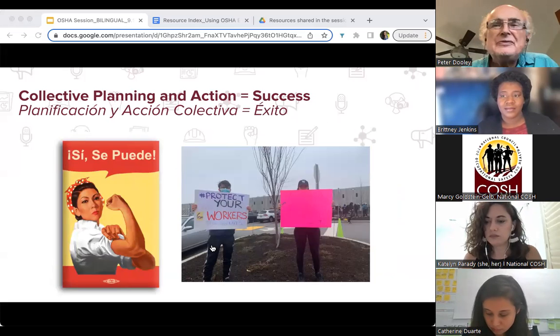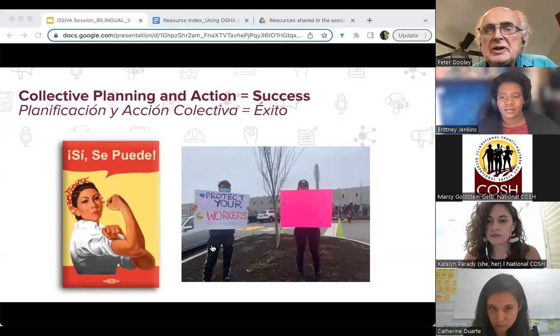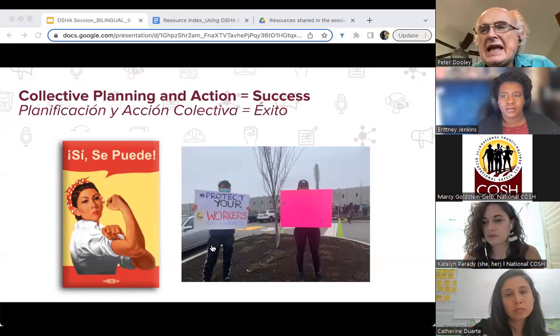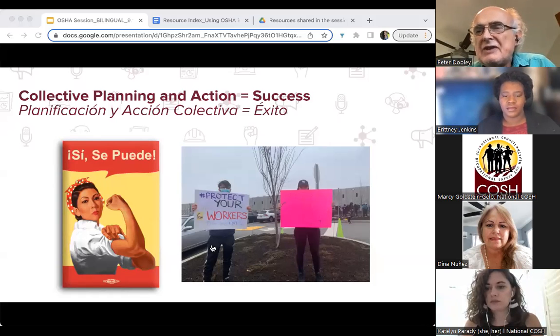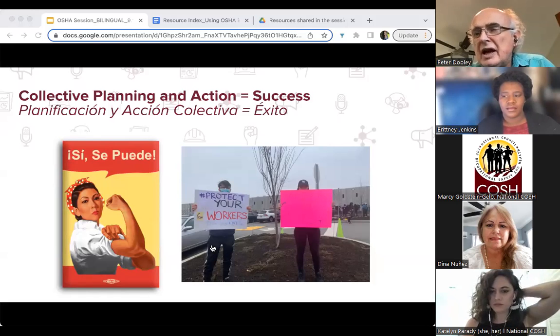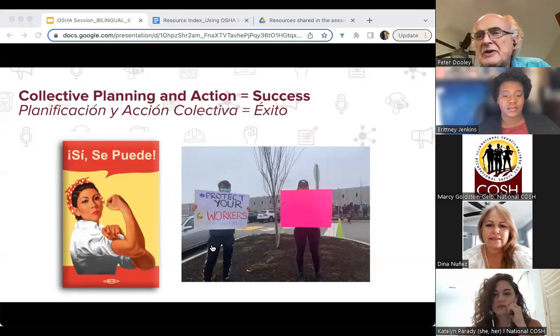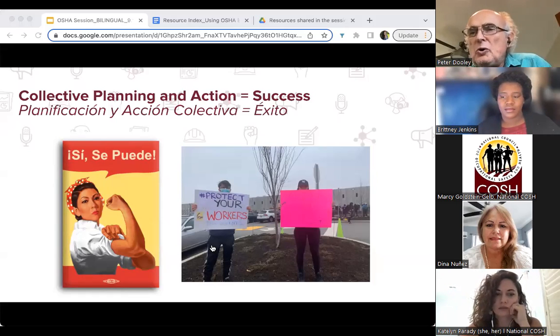So the final principle is this concept that with collective action and planning and really knowing the ins and outs of how the system works, we often say our goal is to become sort of a jailhouse lawyer, where we understand what the OSHA standards are.